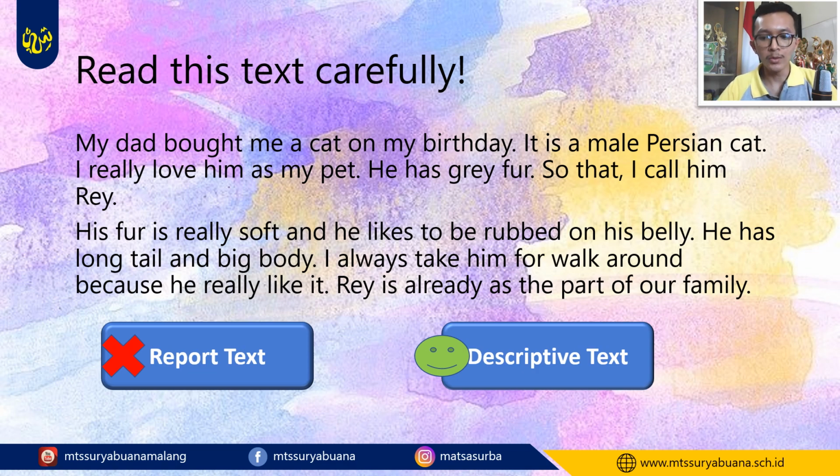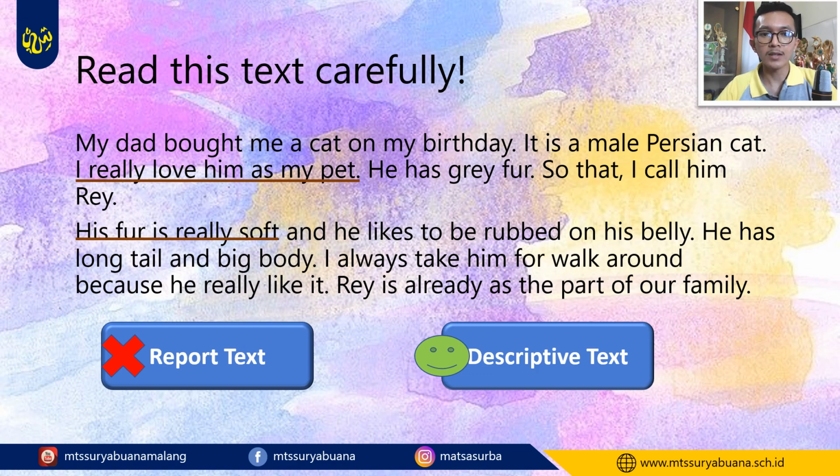Why I say so? Yeah, you can see this sentence. I really love him as my pet. This sentence is called as opinion, right? And then another proof, his fur is really soft.